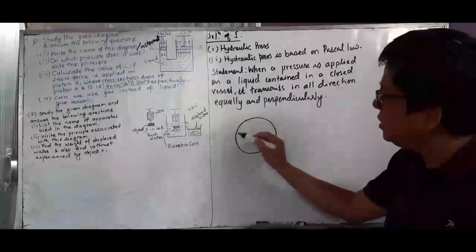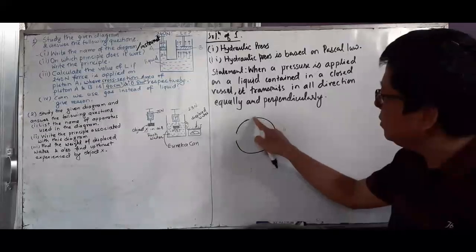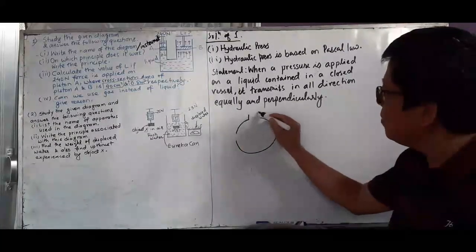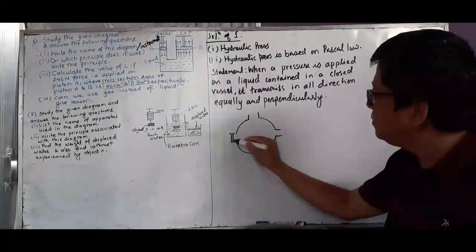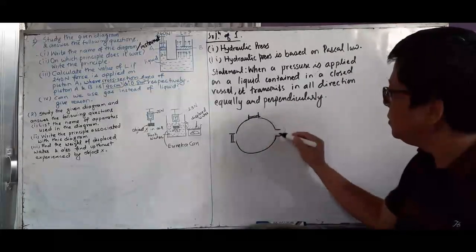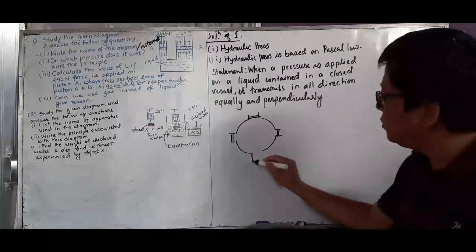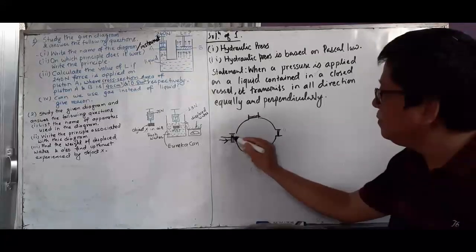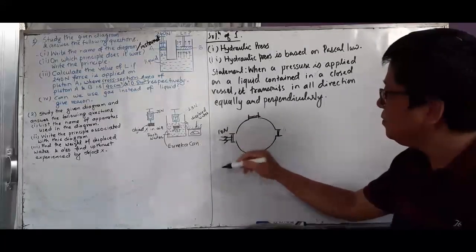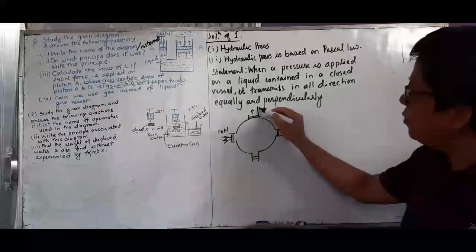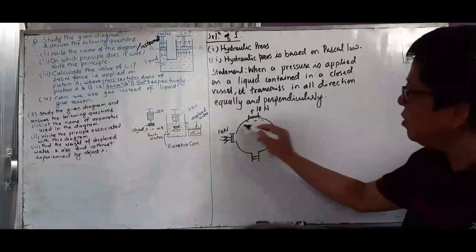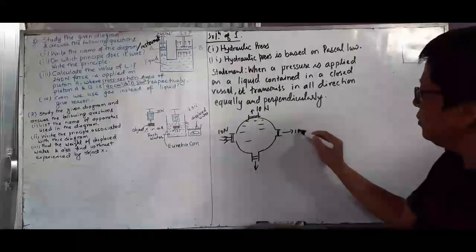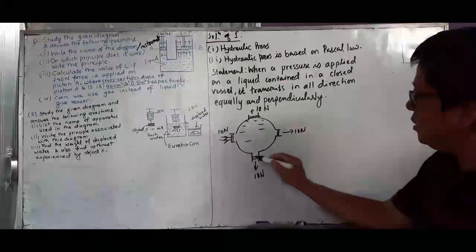Suppose this is an equipment having 3 pistons. Similarly here, 4 pistons. If we apply a force here by 10 newtons, then the same force is transmitted to all directions. 10 newtons, here also 10 newtons.